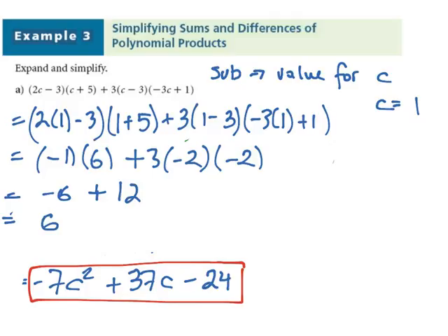Now, if we plugged in C equals 1 into this expression, it should also give us the same value. If it doesn't, we are in trouble. So let's see if, in fact, when we plug in 1 into this, we get 6 also.